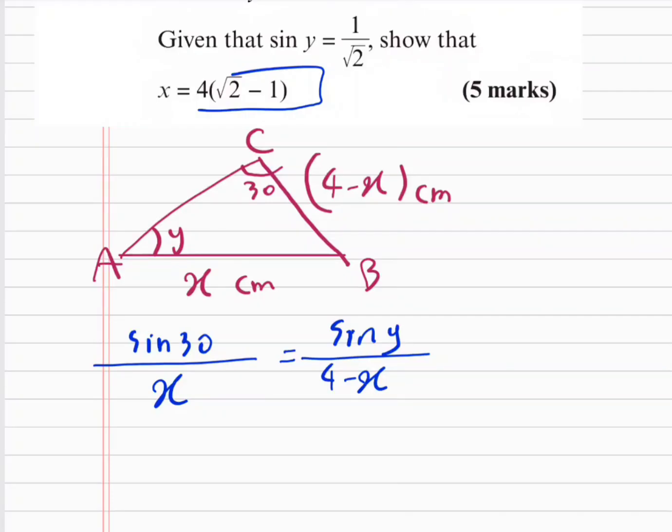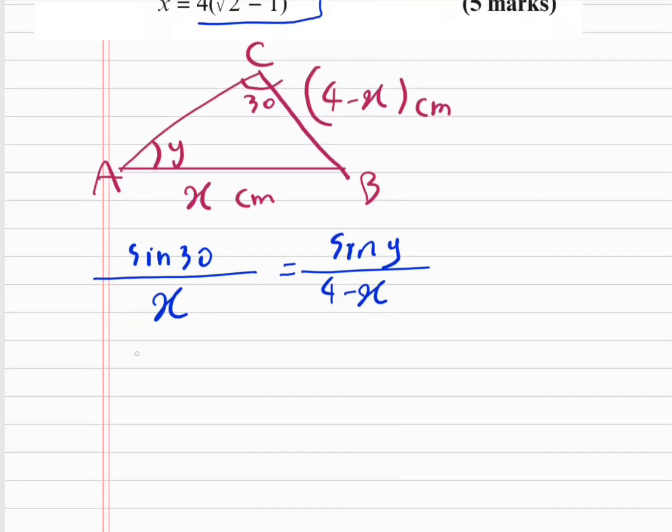Now obviously in normal questions, we know three of these four numbers and one of them is unknown. But here, since we have x in both of these, and also we are given sine y, that's essentially the same problem. So we don't have too many unknowns. That's what I'm trying to say.